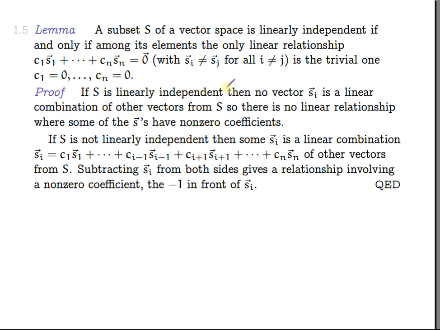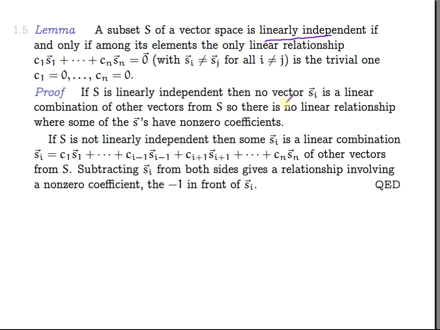All right, so let's go the first way. Let's first prove that if the subset is linearly independent, then the only linear relationship is the trivial one. If S is linearly independent, then no vector Si is a linear combination of the other vectors. So there's no linear relationship. Another way of saying that would be, if there was a linear relationship, then I could form a linear dependence.